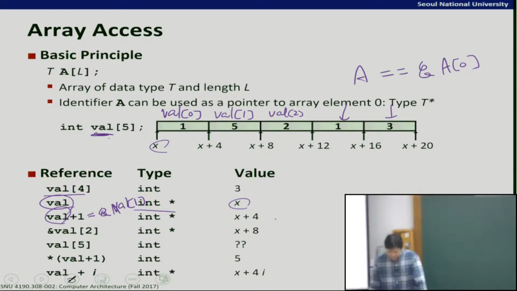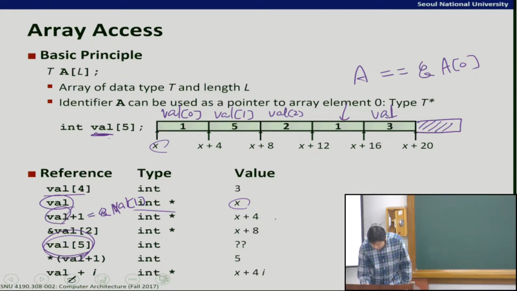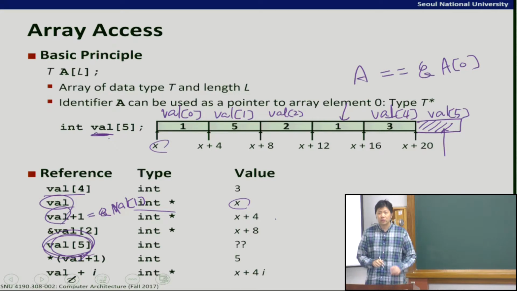What is the val of 5? The answer is we don't know, right? Because this one refers to the value here. This one will be val 4, and this one will be val 5. So by this, we are referring to the value of this location, which we don't know.